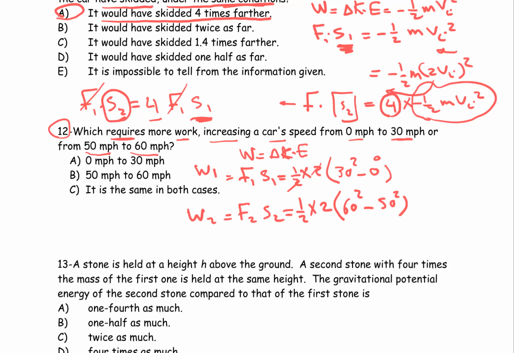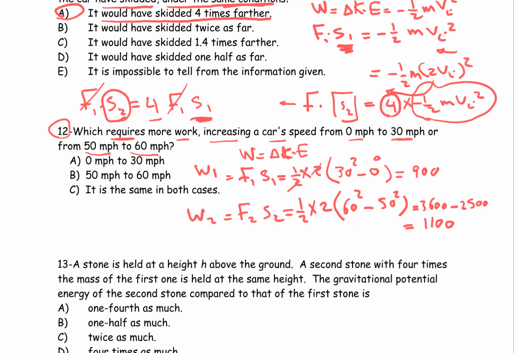Let's calculate the work done in both cases. Here 30 squared means 900. Here 60 squared is 3600 minus 50 squared, 2500, it equals 1100.